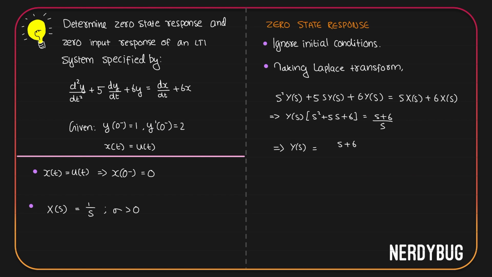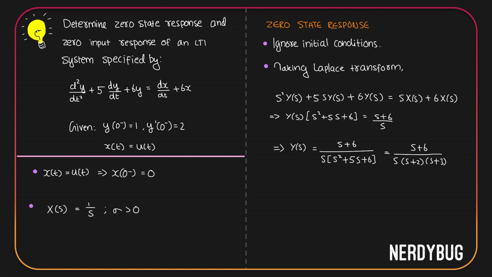Y of s is s plus 6 divided by s multiplied by s square plus 5s plus 6. Now s square plus 5s plus 6 is s plus 2 multiplied by s plus 3. So this becomes s plus 6 divided by s into s plus 2 into s plus 3.